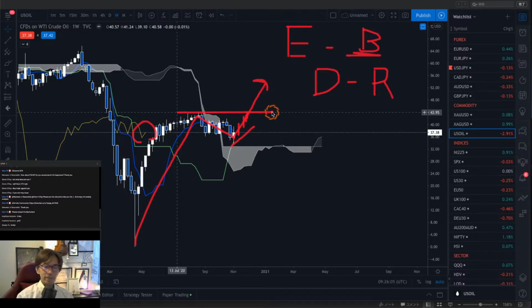You want to wait for the breakout and then look for the buy chance afterwards. So, if the market breaks the Kijun Sen downwards, then you don't want to look for a buy chance anymore. It might retrace backwards. It might break the Kumo downwards too. So that's the US oil weekly chart.